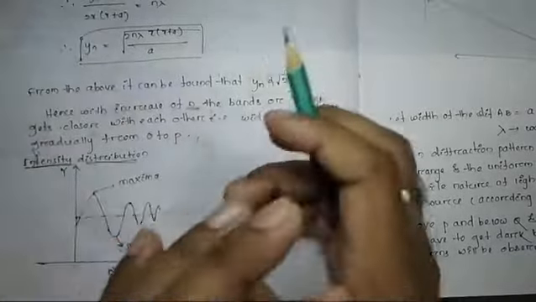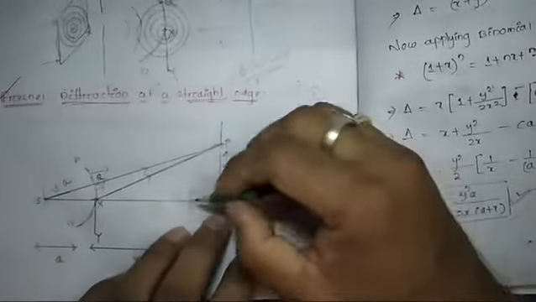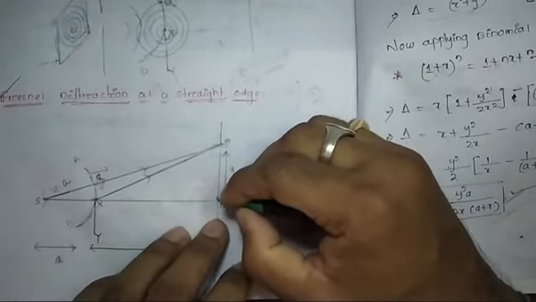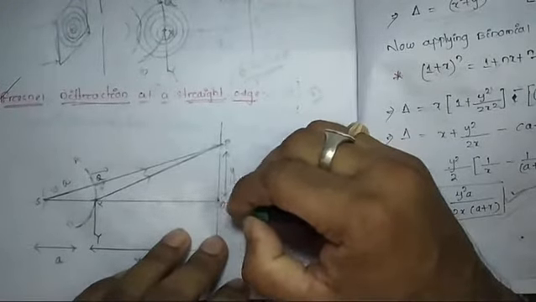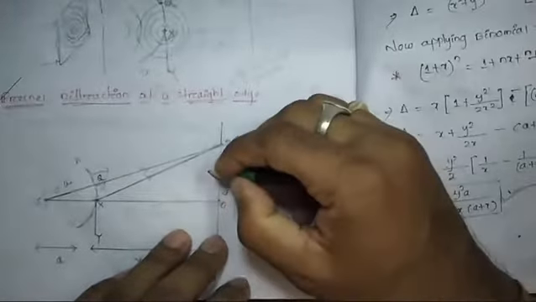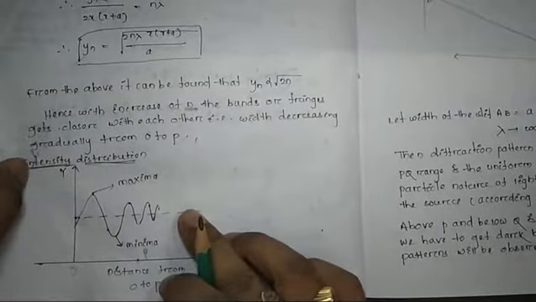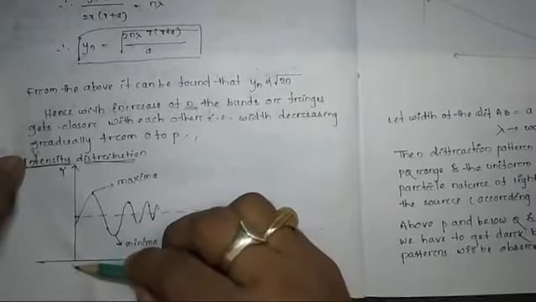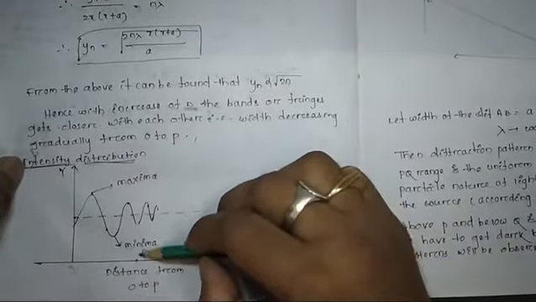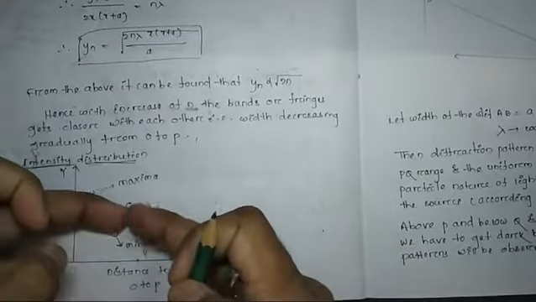If we move from O towards P, the intensity decreases. The maximum is found near O, and at point P the intensity decreases and the fringes get closer to each other, because yn is proportional to root 2n.